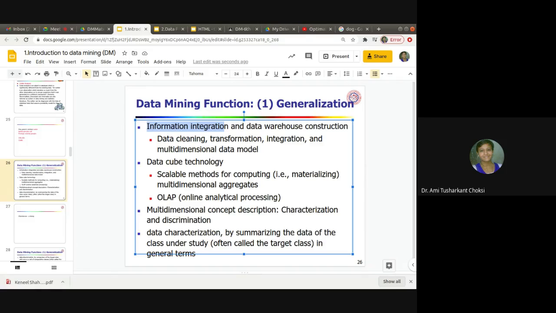We are making the data warehouse, right? Where structured, unstructured, many types of data are there. The form may be image, text, video, many things can be there, right? So what happens when we are integrating?